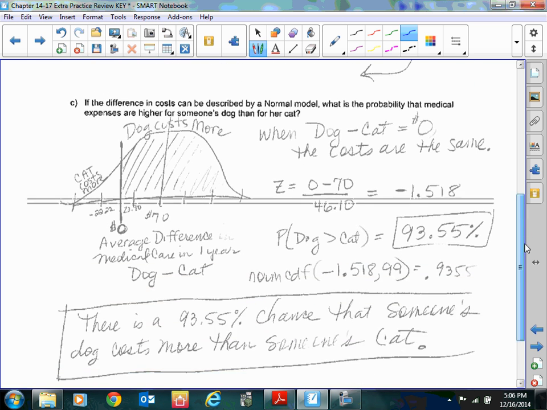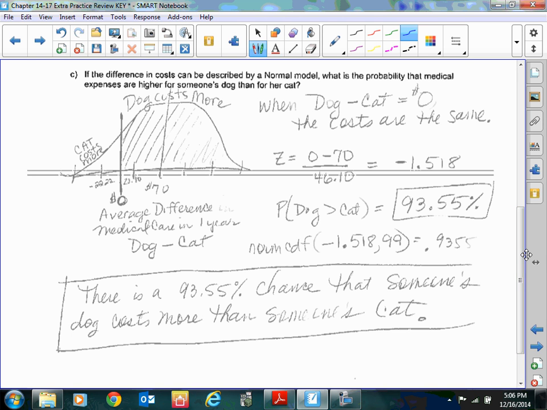Okay, once you do that, the question is, what's the probability that the expenses are higher for the dog than the cat? All right, well, so on average, the dog is $70 more. Okay, and so if you find this location where dog minus cat is 0, 0 is where they are equal.